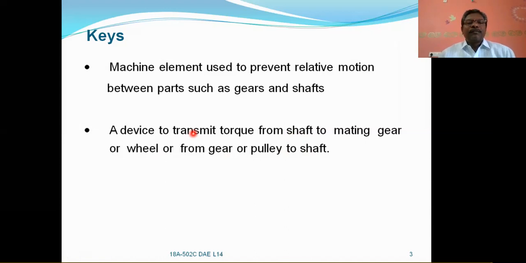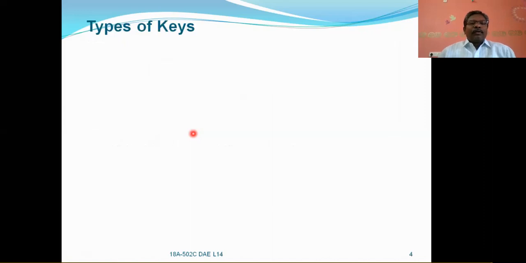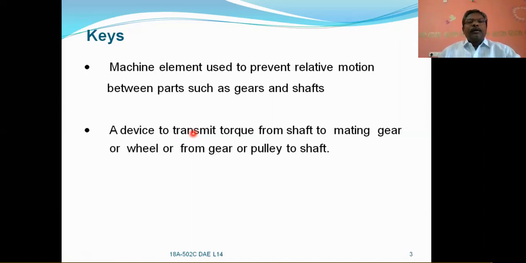So that is a simple definition for keys. So once again, as per the definition, the main function is to prevent the relative motion and to transmit torque to the another shaft.